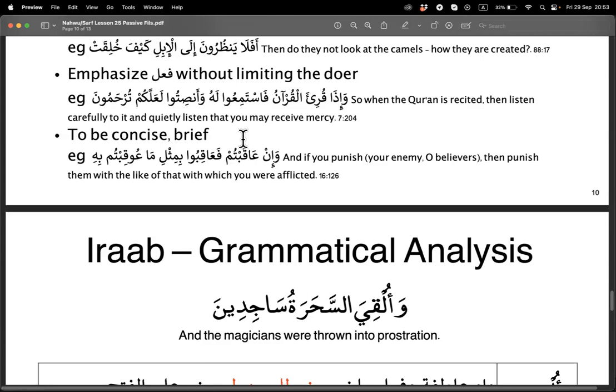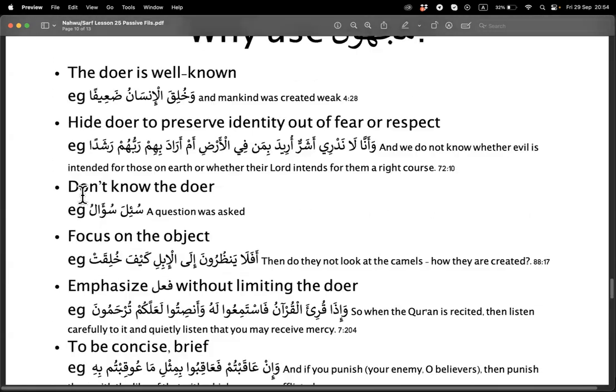Yes, okay. Uqibtum. This is the majhul. So if you were to punish your enemy, then punish them like how they did to you, basically. This is to be concise so that you don't keep repeating the maf'ul or something like that. Okay, so those are the reasons why we use majhul.